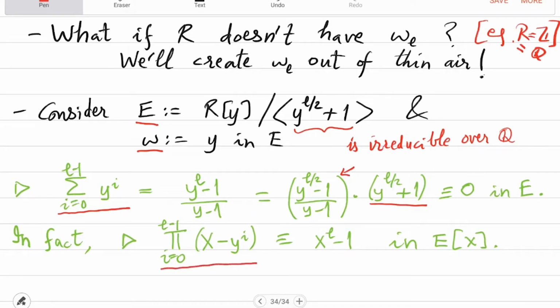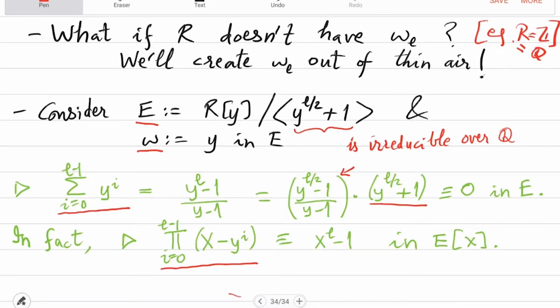What is the product of x minus y to the i? This product will be x to the L minus 1. I won't discuss the proof of this, but you can do it as an exercise if you want.